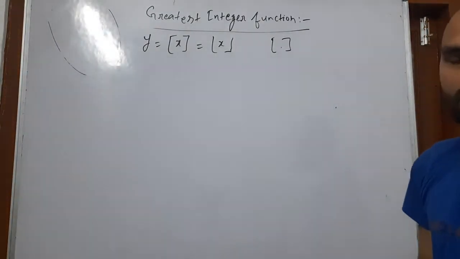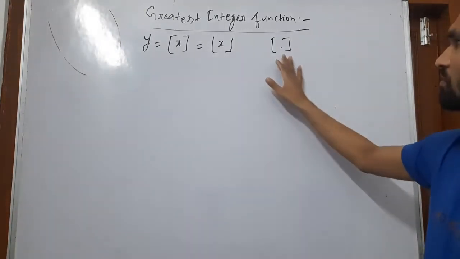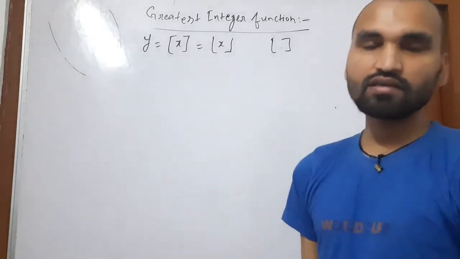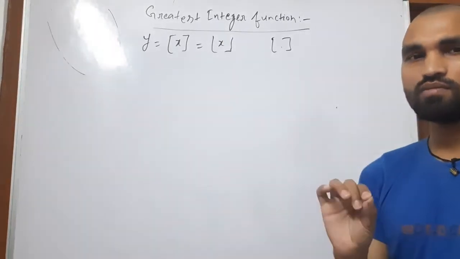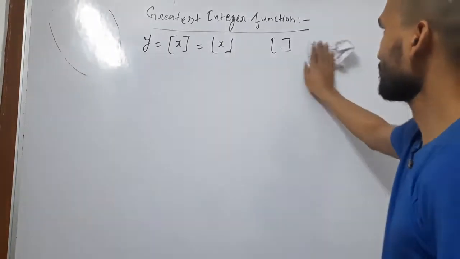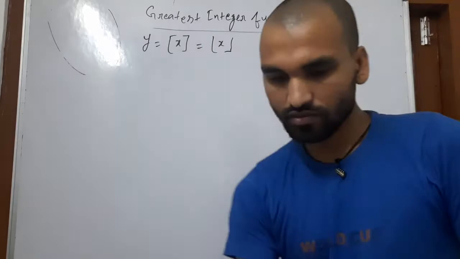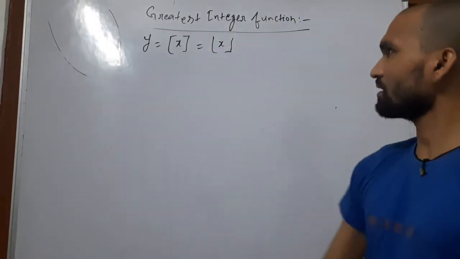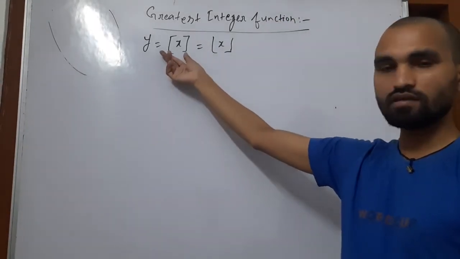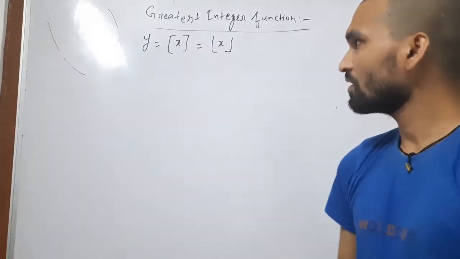So you will not be confused whether this is a closed interval or the greatest integer function. In the question it will be clearly mentioned. So in this session we are discussing the greatest integer function. These are the signs of the greatest integer function.